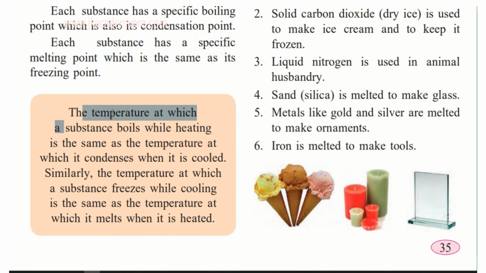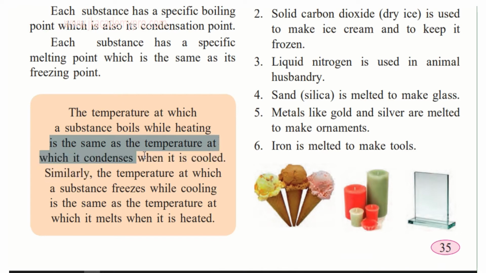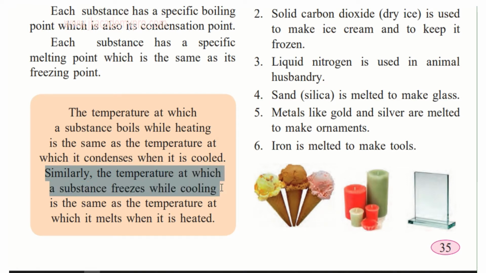So the temperature at which a substance boils while heating is the same as the temperature at which it condenses when it is cooled. And similarly, the temperature at which the substance freezes while cooling is the same as the temperature at which it melts when it's heated. So, this is what we conclude from the little experiment that we did earlier.